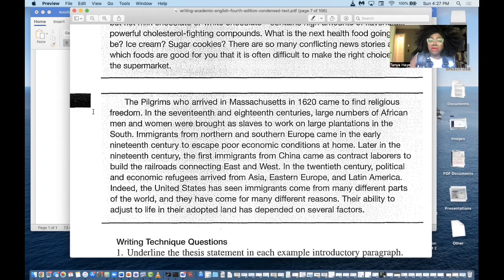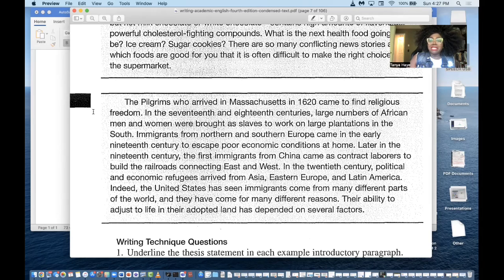Immigrants from Northern and Southern Europe came in the early 19th century to escape poor economic conditions at home. Later in the 19th century, the first immigrants from China came as contract laborers to build the railroads connecting East and West.